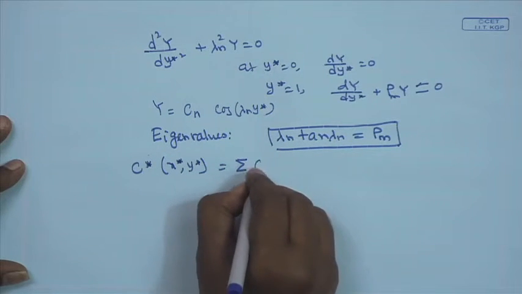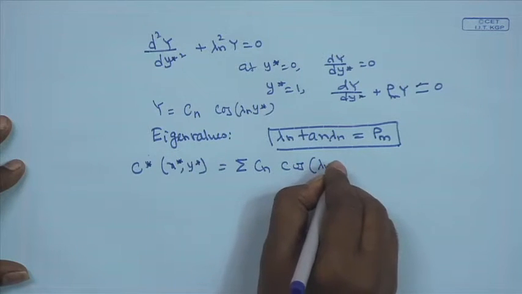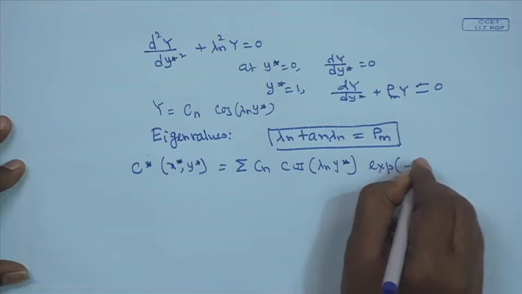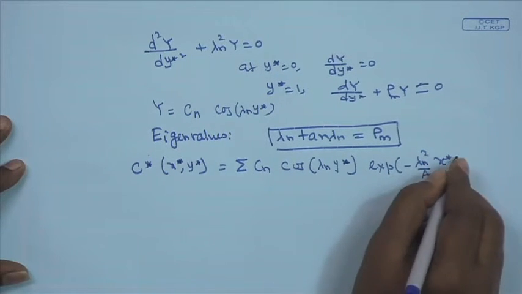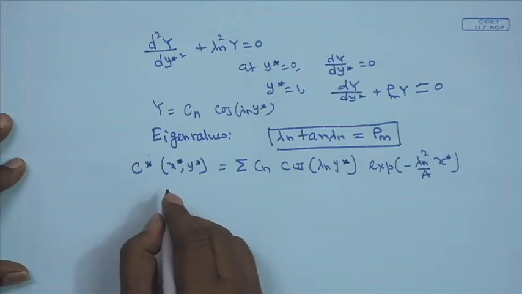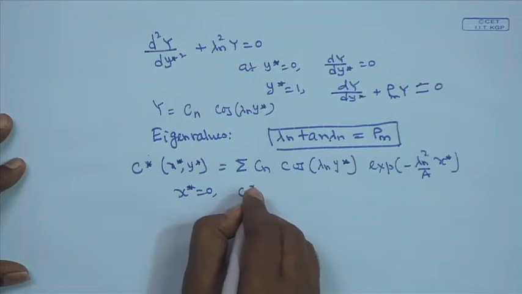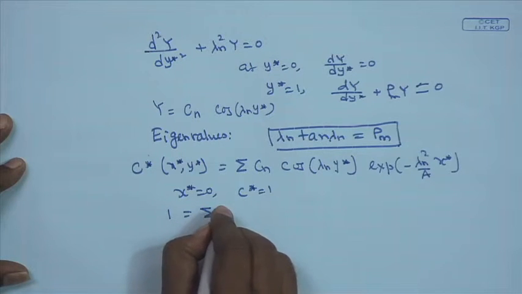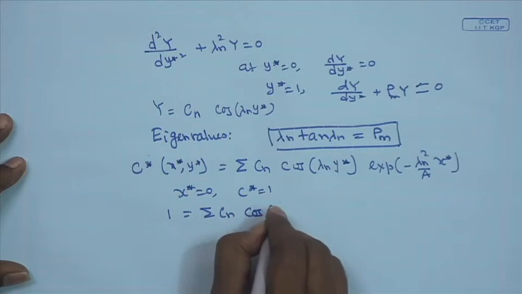So this becomes Cn cosine lambda n y star exponential minus lambda n square x star by A. Okay. By using the initial condition that at x star equal to 0, c star is equal to 1, we can get the value of Cn by using the orthogonal properties of the sine and cosine functions.